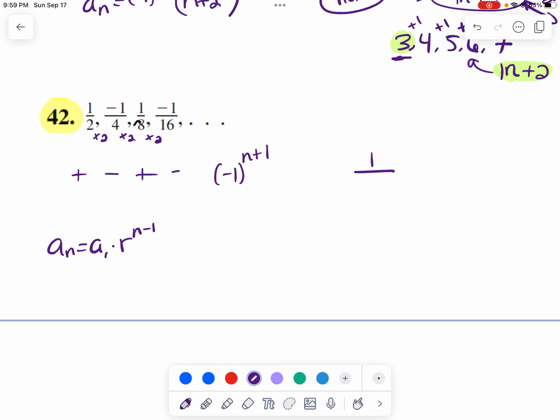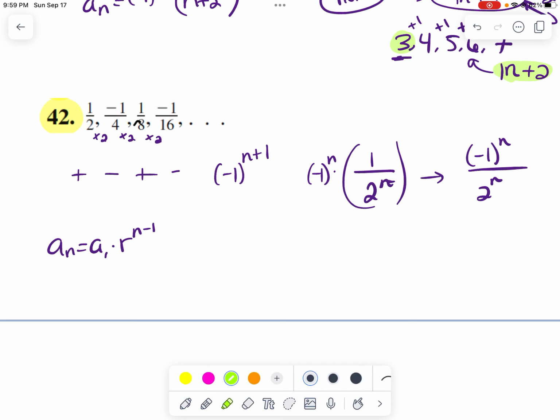Or look to your purple sheet. Where do you see a pattern of times 2? Well, it's in 2 to the n, right? So the denominator is going to be 2 to the n. And then that whole thing times -1 to the n, all right? You could just put -1 to the n in the numerator and 2 to the n in the denominator. That would be exactly the same.